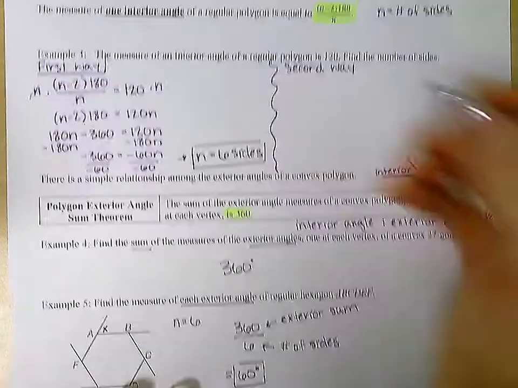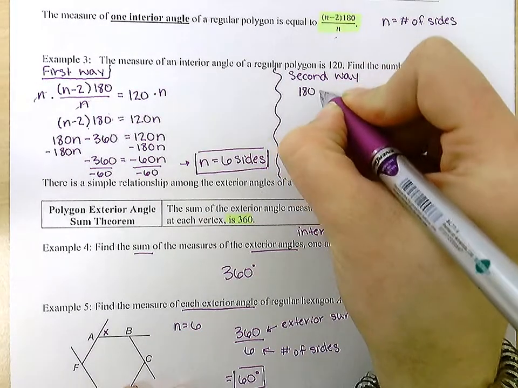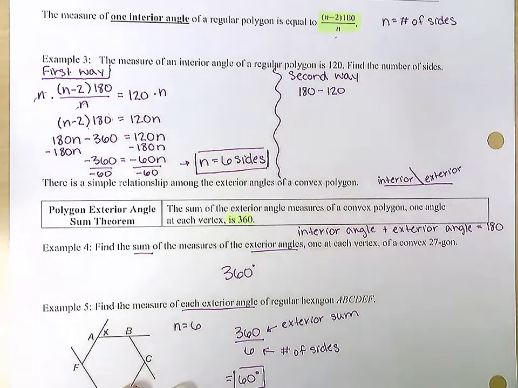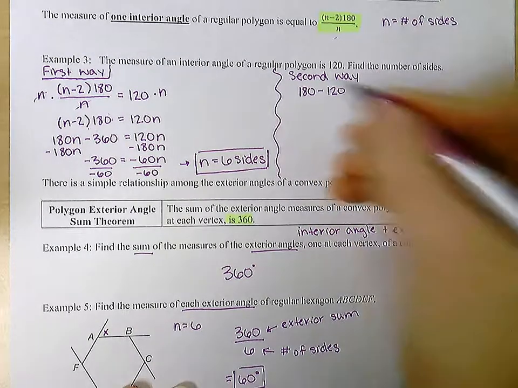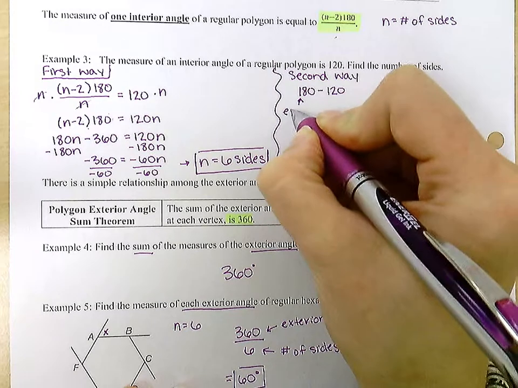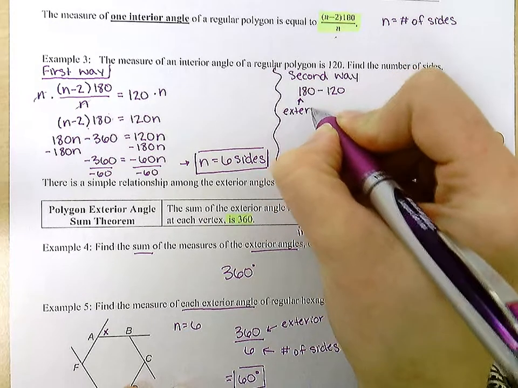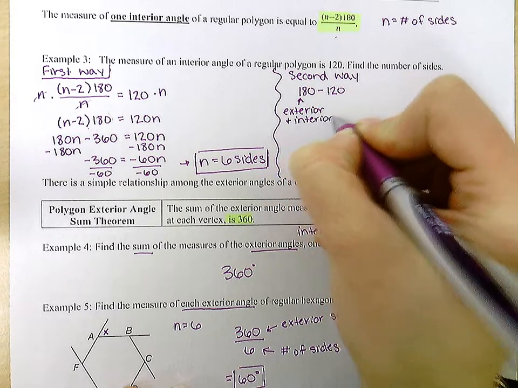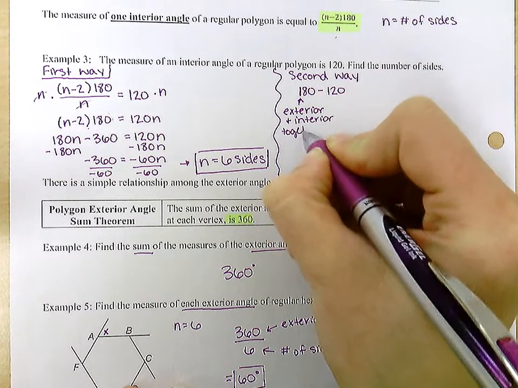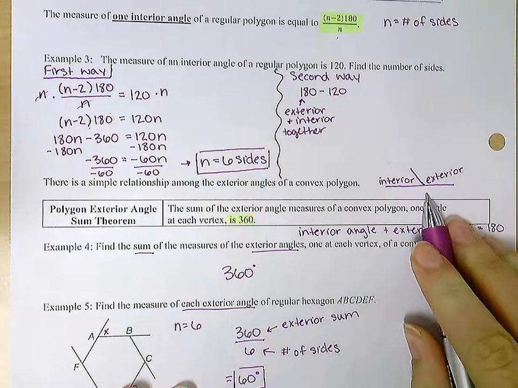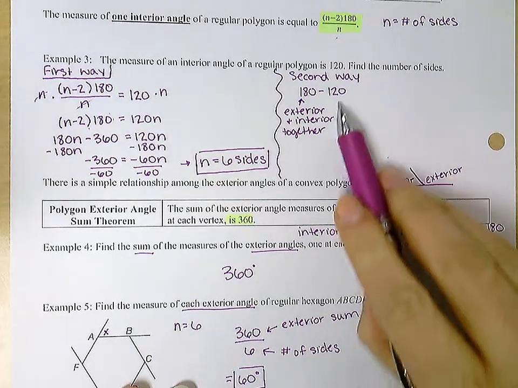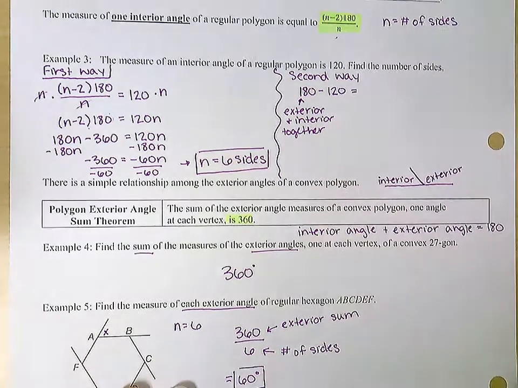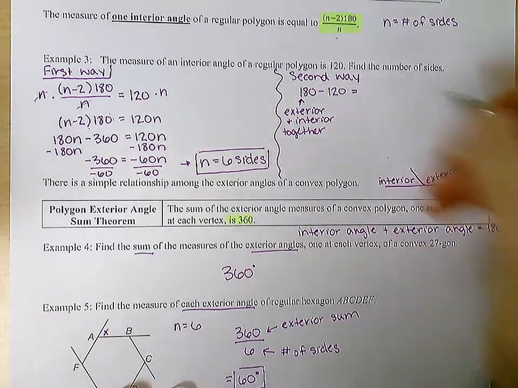Okay, so I can take 180, subtract 120. Okay, 180 is your exterior and interior together. Right, because they make a straight line. If I subtract 120, which is your interior angle, that will give you one exterior angle.